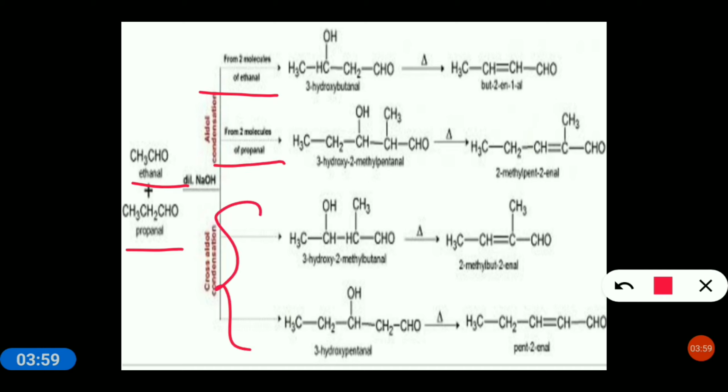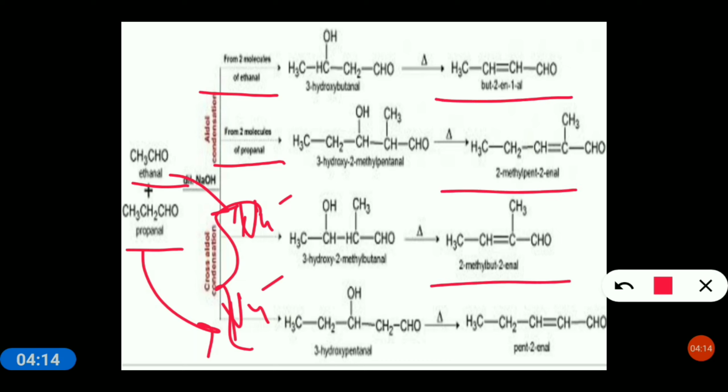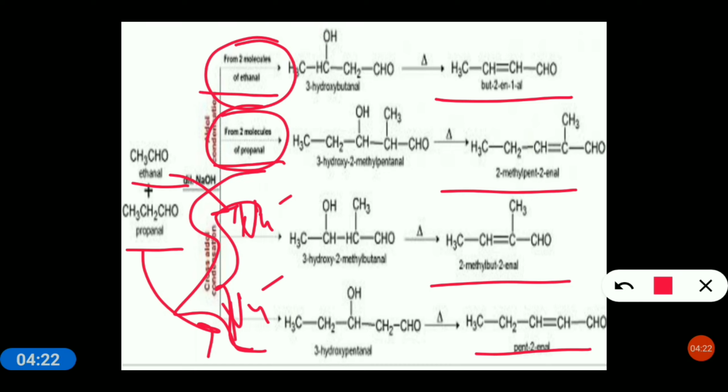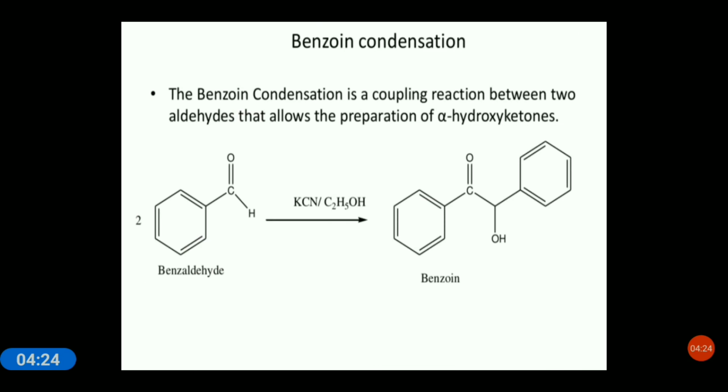Now the remaining two are the crossed aldol condensation, in which one time ethanol is the nucleophile and in the second one propanol is the nucleophile. So you will get four different products in the aldol condensation, two of the self aldol and two of the crossed aldol.